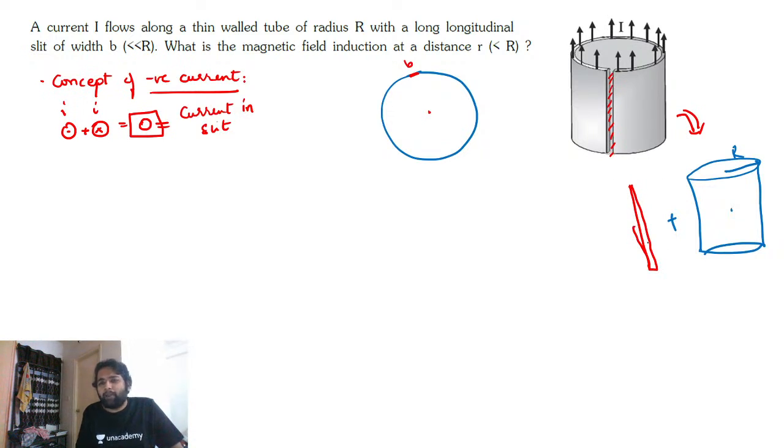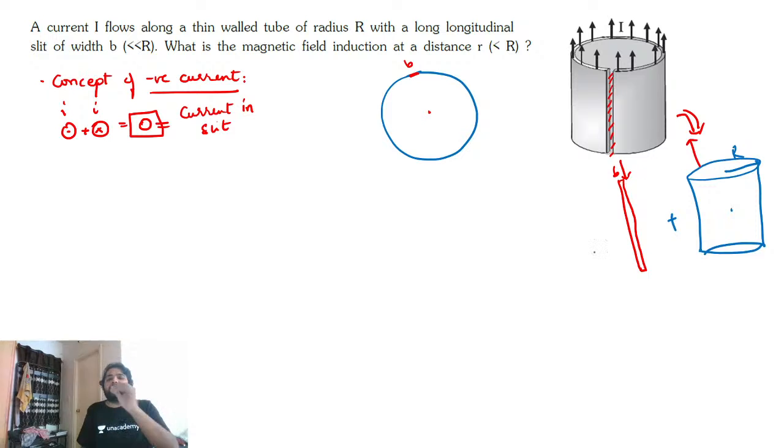Thin slit मतलब एकदम plain wire type हो जाएगा. It will behave like a plain wire. But then I'll draw the slit so that you can see. This is slit having width b, and here current is going upwards and here current is coming downwards. एकदम इन दोनों के कारण field total add कर दो, you'll get the answer.